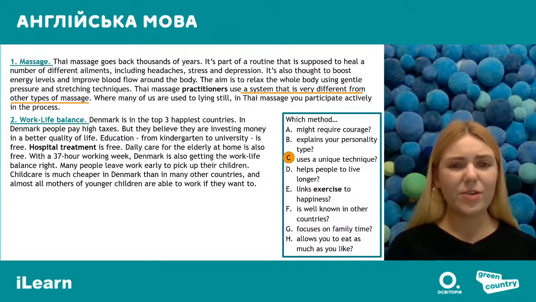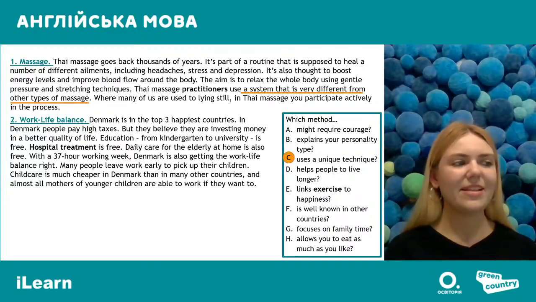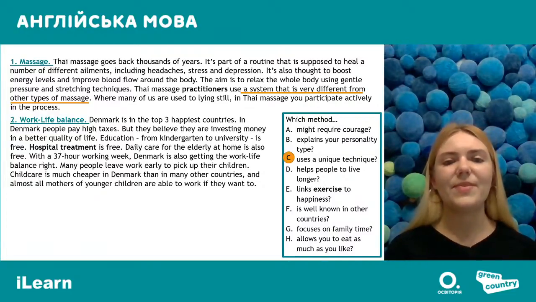So actually, number two is rather easy because you can see the answer in the name of the text itself, but still waiting for your answers.